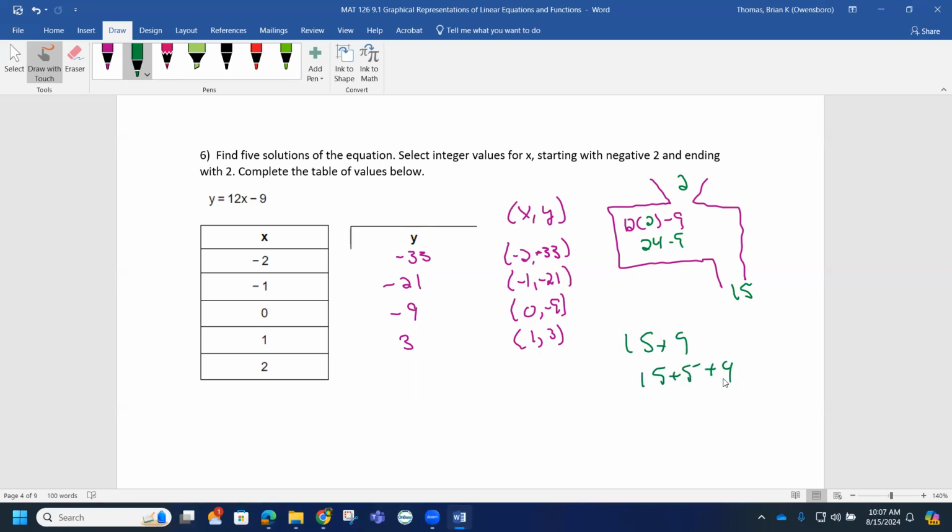So the 9 can be broken apart as a 5 and a 4, and I'm really feeling confident with my answer if I'm not using a calculator. So 2 goes in and 15 came out. So that solution would be 2, 15 as an ordered pair. So again, I think all we're asked to do is just fill in the y values on that. So again, check me in your lab and make sure that's all they're wanting us to do. Okay.